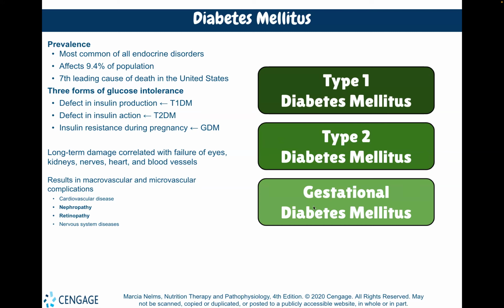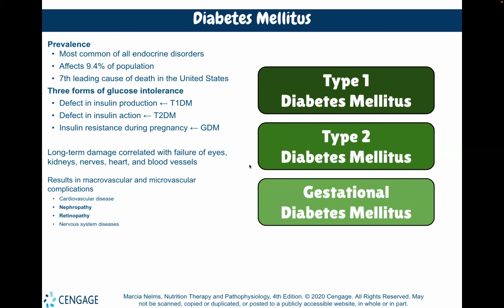Now, the version of type 2 diabetes or insulin resistance seen in pregnancy is called gestational diabetes. Typically, people who are diagnosed with gestational diabetes have some underlying insulin resistance prior to pregnancy. That's what the latest research is showing us. And therefore, after pregnancy, they have a greater risk of developing type 2 diabetes.